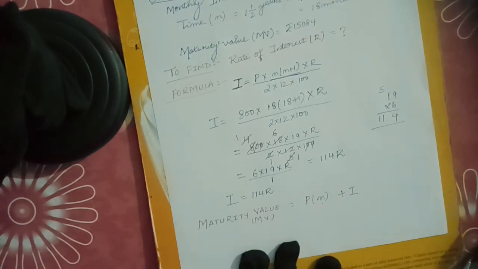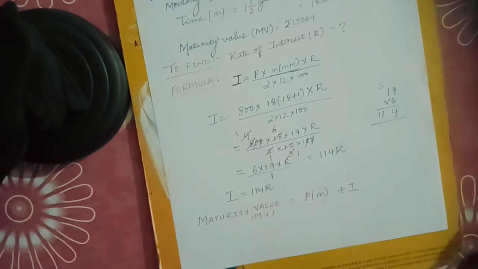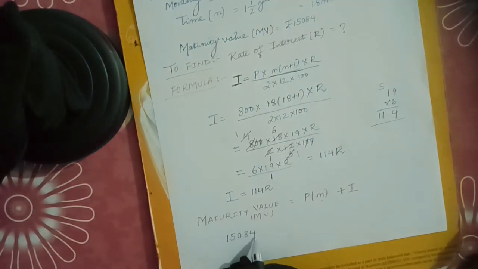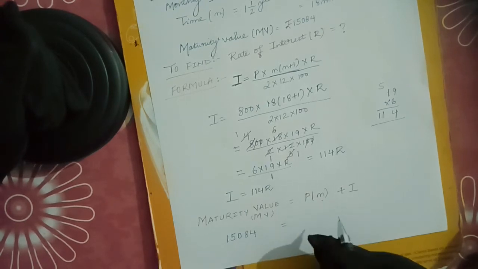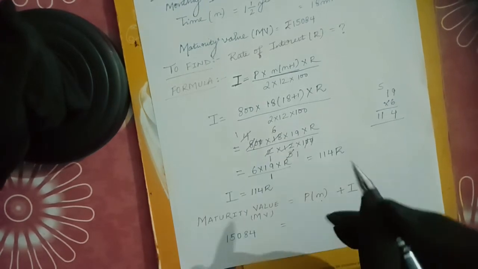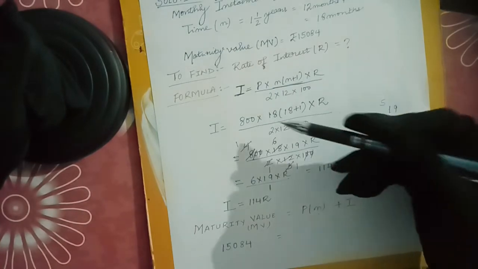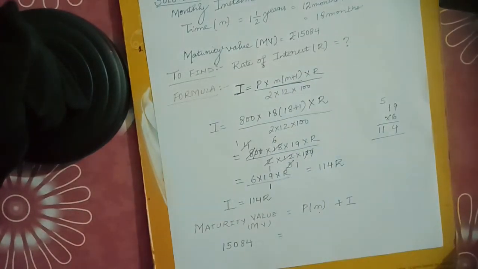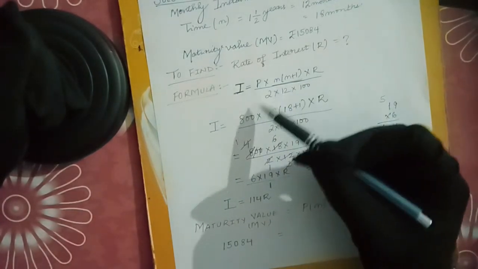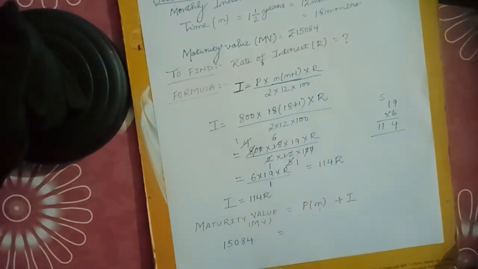And as we can see over here, we know the values: the maturity value is rupees 15084. Clear? P into N. How much is P? Here we have put that P is 800.